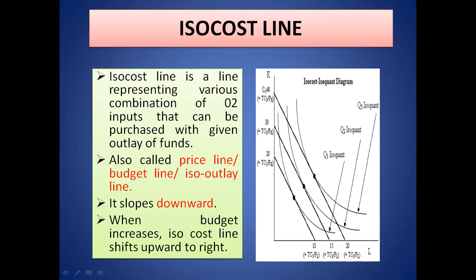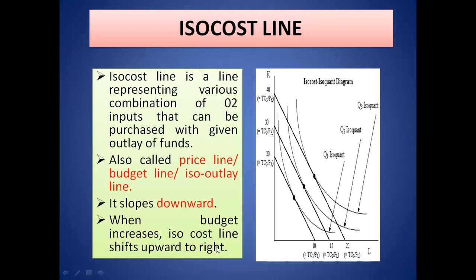See here: 40 capital with 20 labor, 30 capital with 15 labor, 20 capital with 10 labor, according to the different isoquants Q1, Q2, Q3. There are three isoquants, so relating to all of them there are different isocost lines. When the budget increases, the isocost line shifts upward to the right.